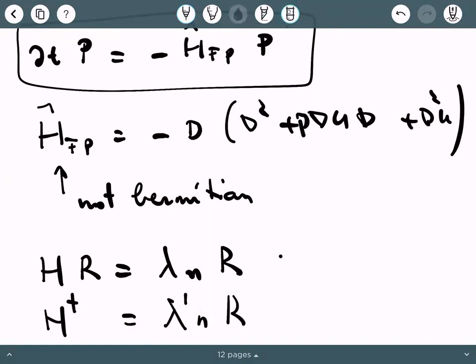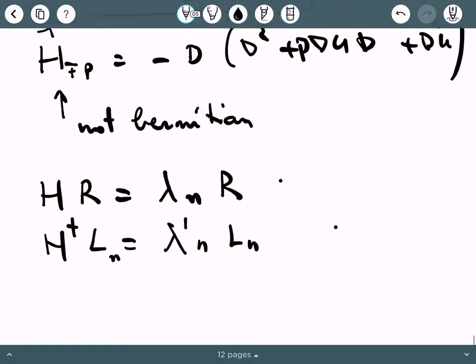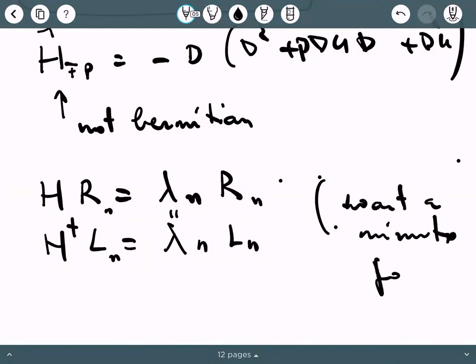So let me call it left and right. Now this is in general. In general you don't even have a complete spectrum, and if you have it, you could have different left and right eigenvalues, and in principle complex eigenvalues. We shall show in a minute that the left and right have the same eigenvalues, but they're not the same functions. So wait a minute for the proof.